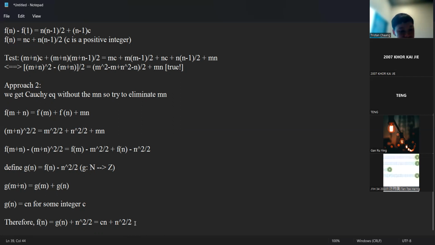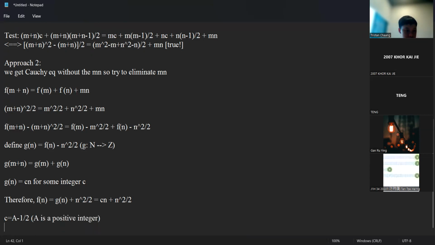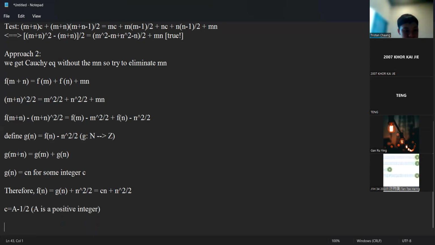For example, if n is 1, we get c plus 1/2. So c must be some sort of half integer. So let's just write c as a minus half, where a is positive now. And everything follows after that, and you can probably find the general solution.